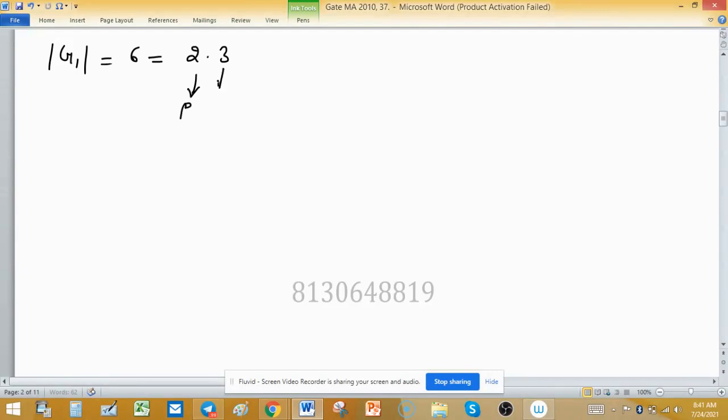Consider this as p and this as q as in fact 1. 2 divides the order of G, and 2 divides q minus 1, that is 3 minus 1.